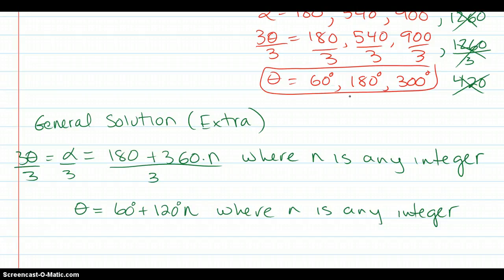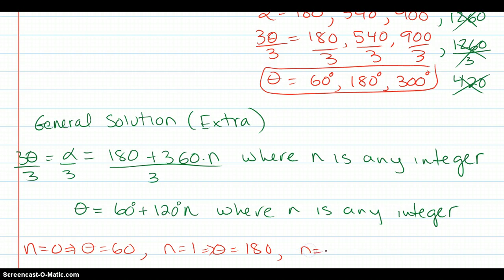And you can see that this is another way to get the answers, because if I plug in n equals 0, let's start with n equals 0, here I get theta equals 60. If I plug in n equals 1, I get theta equals 180, because 60 plus 120 is 180. So that gives me that.